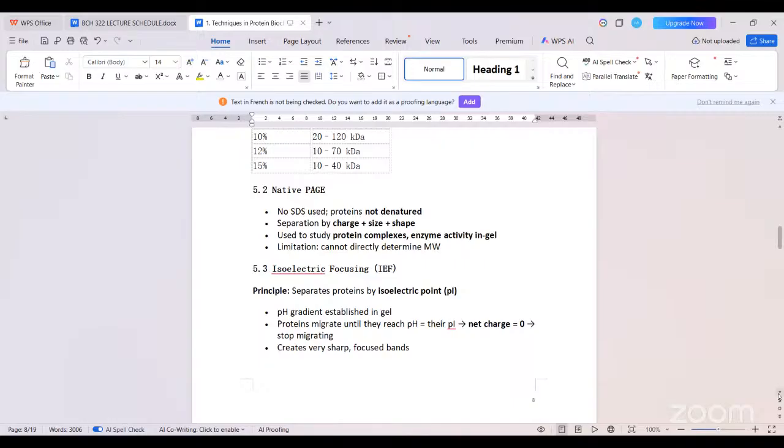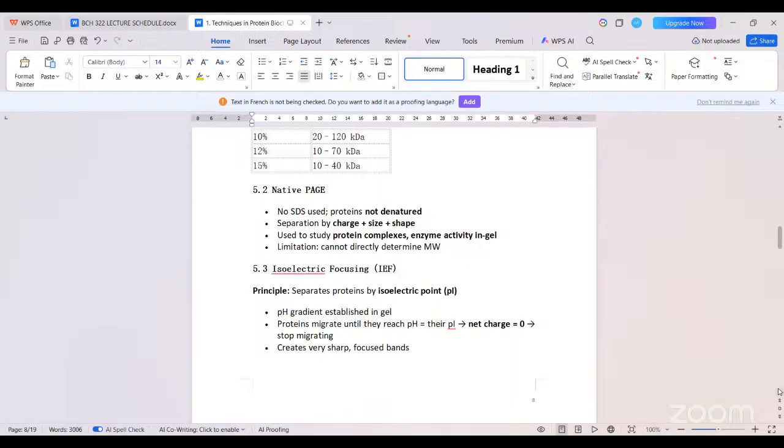separation technique we'll be talking about is isoelectric focusing. Isoelectric focusing separates proteins via their isoelectric points using pH gradients within the gel. In this method, proteins migrate until they reach a pH where the isoelectric point, or their net charge, is equal to 0.